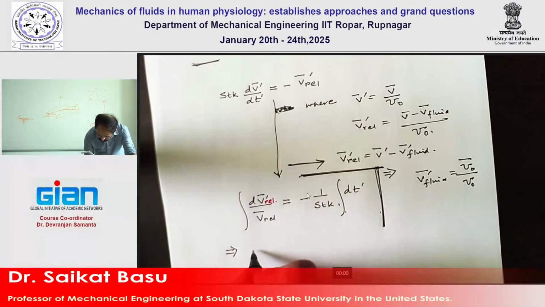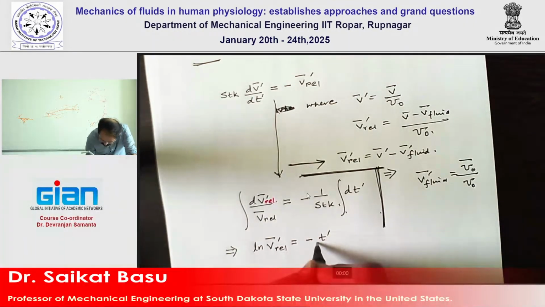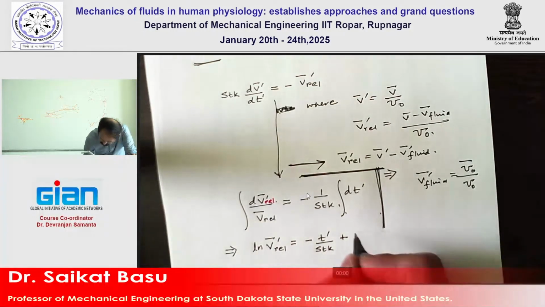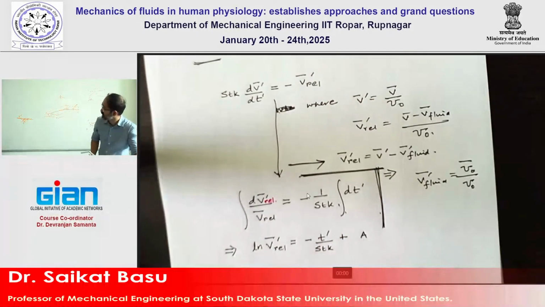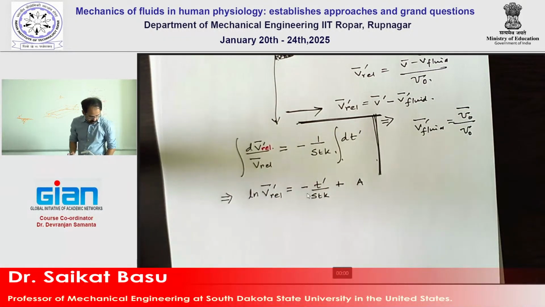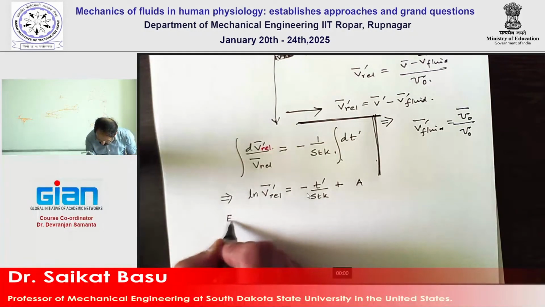So now we have on the left hand side natural logarithm of v relative is equal to, this is just minus t prime over Stk plus some constant of integration a. Now we have to figure out what that constant of integration is, but before that let's do the exponentiation over here.